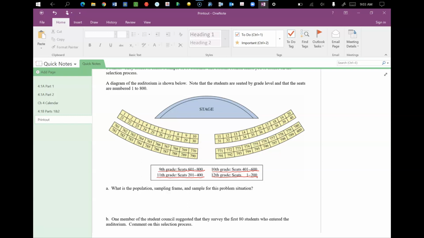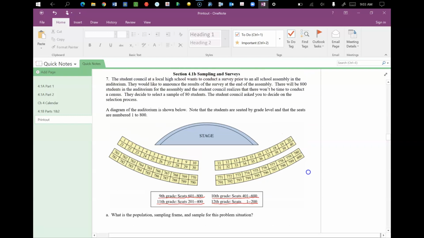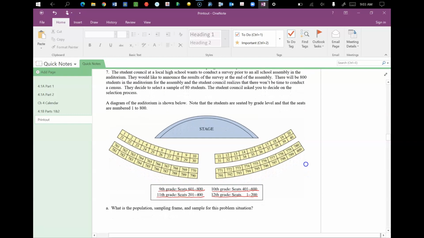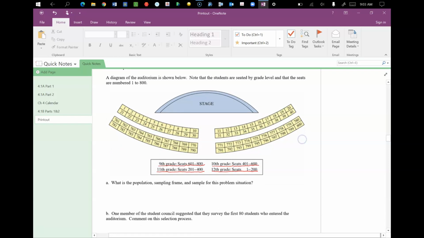What's the population, the sampling frame, and the sample for this problem? The population is all 800 students that are seated in the auditorium. The sampling frame we could think of as the list of numbers 1 to 800, each number being associated with a student. And what's the sample going to be for this situation? Well, we're going to select a sample of 80 students. So if we think about this, we always want to select a sample that is representative of the population.